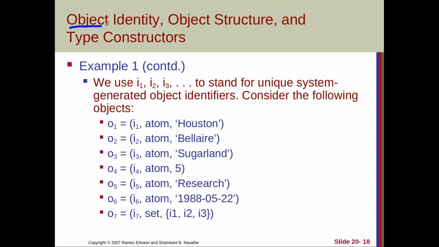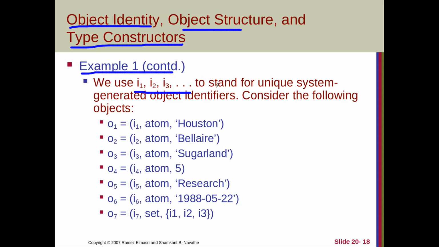We were discussing object identity, then the structure using various type constructors. All these were already discussed in the previous video. Now we will use an example notation for representing these objects in the object-oriented concept. Here we will use different ID numbers like I1, I2, I3 up to n for representing different object identifiers.